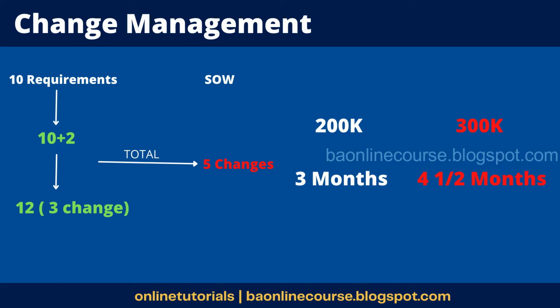And also, let's say you have agreed for some 200K for this project. A small project, so we agreed for 200K, and then you would take 3 months to complete. So these were the terms written in your SOW: 10 features, 200K, and 3 months of time.